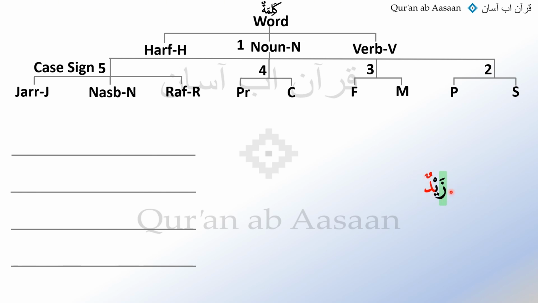We are familiar that Zaid is a boy's name, and a name has to be a proper noun. Where did we learn that? What was the name in the first worksheet where we learned how to color the first letter instead of the tanween? Yes, Muhammadun in worksheet 1. Excellent. So when we are clear that it's a proper noun, it's a name, we ignore the tanween and we color the first letter. That's how we identify it.